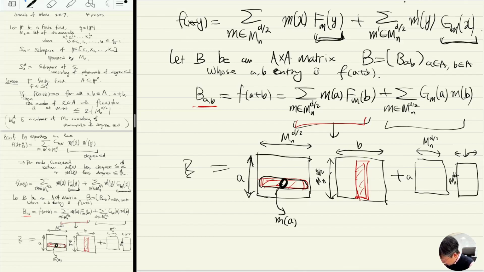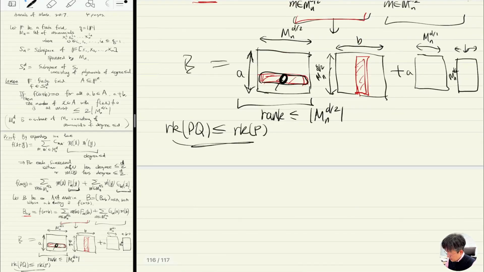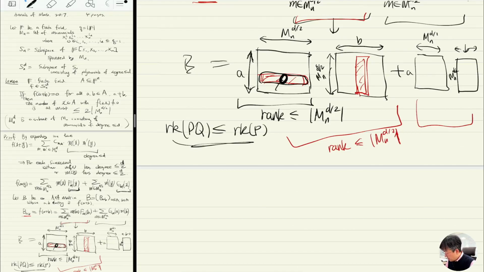The thing is, this part has rank at most the number of columns. Remember, if you have two matrices, the rank of PQ is at most the rank of P. So this part has rank at most |M_{d/2}|, and similarly this part has rank at most |M_{d/2}|.